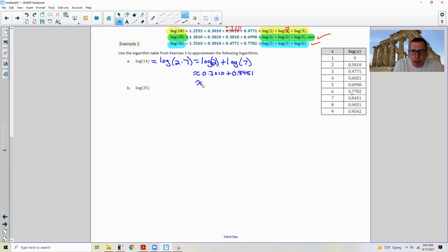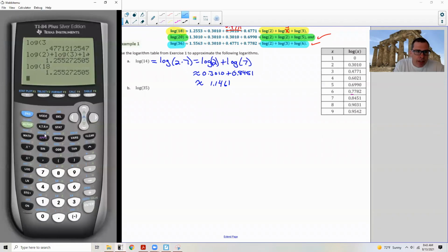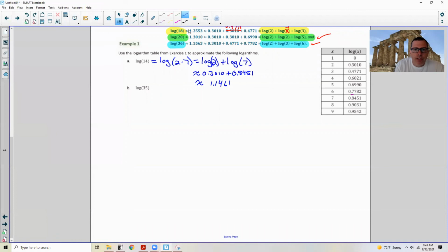Adding those gives 1.1461. Then if I get my calculator out and check log 14, enter, 1.1461. Pretty cool stuff.